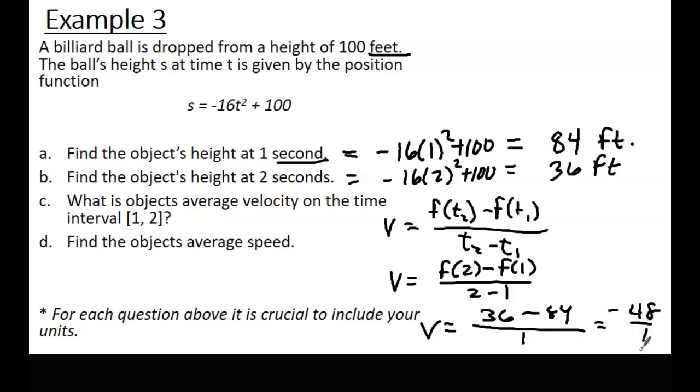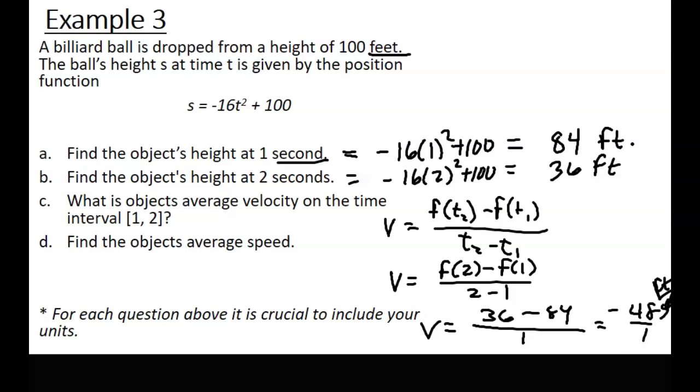Now we need units though. That's negative 48 what? Good, because these are feet on the top, right? These are seconds on the bottom. So this is negative 48 feet per second. So that means the object, on average, this is an average speed, because actually, I don't know if you guys know this, but gravity causes things to go faster and faster.